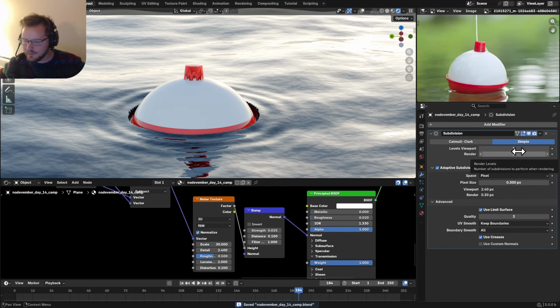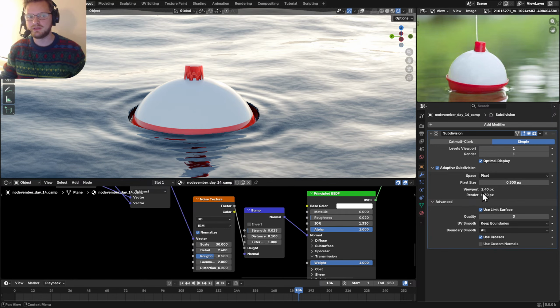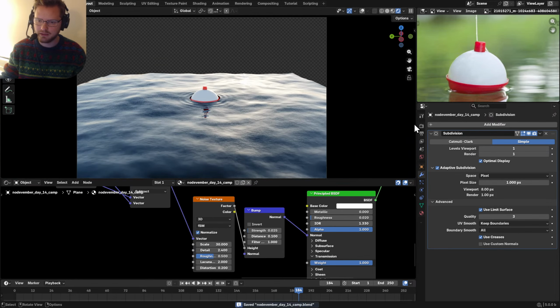So remember, right now we're actually just seeing 2.4 pixels, and if I was to render it, it'd be 0.3. So that's the level of detail. It's a fraction of a pixel. I'm going to take pixel size and make it 1, which will be giant in the viewport, but in render it should be super tiny.